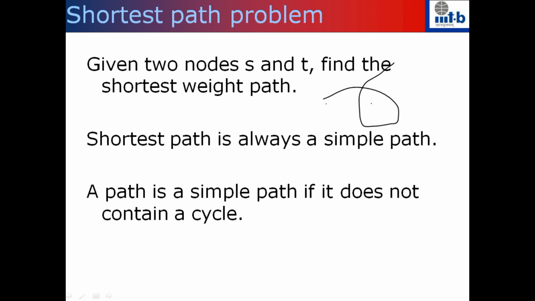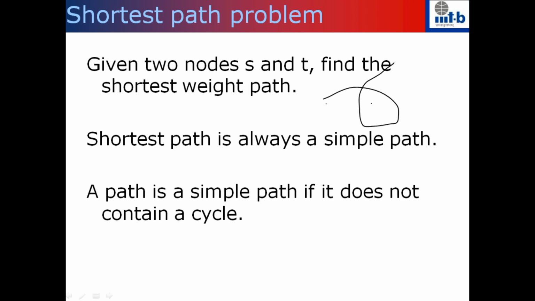So the weight of the shortest path is really minus infinity, and the path becomes an infinite path. It's easy to see that a shortest path will never contain a positive cycle, and if it has a negative cycle, then the shortest path problem is not well defined.